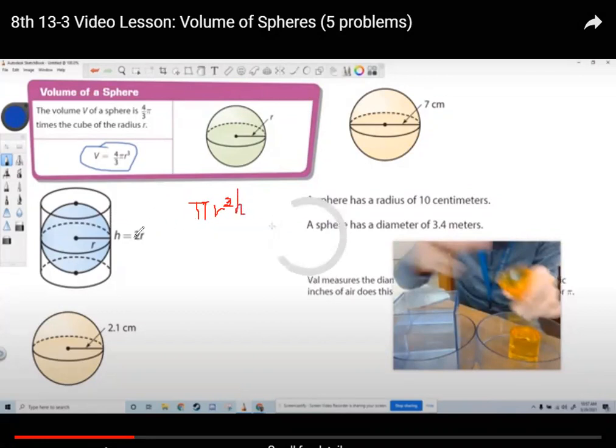But we fill the cylinder with a cone, and we said the cone was only 1/3, so you have to write here, this is a third.